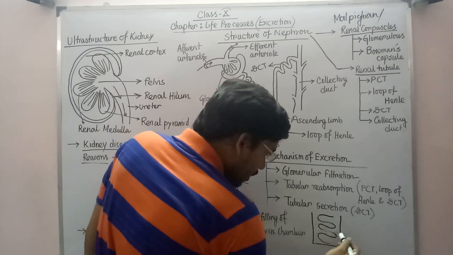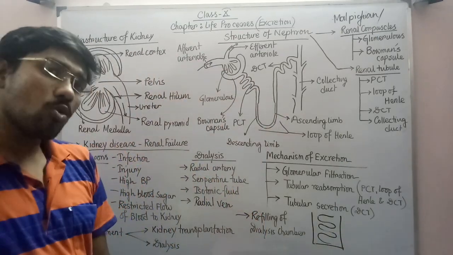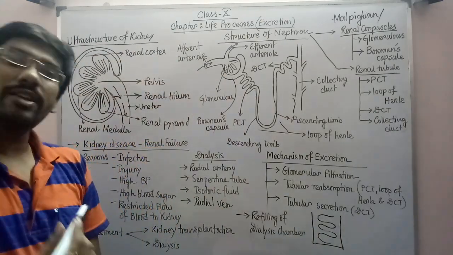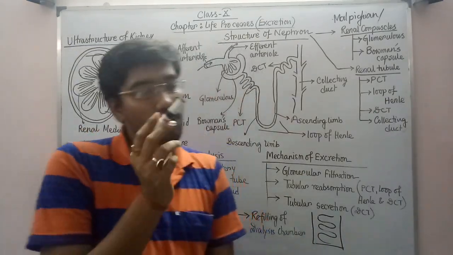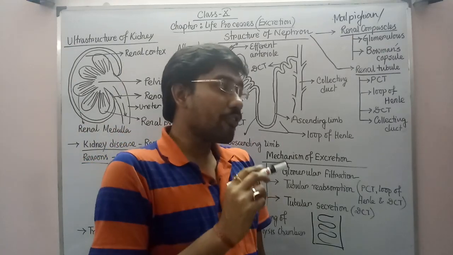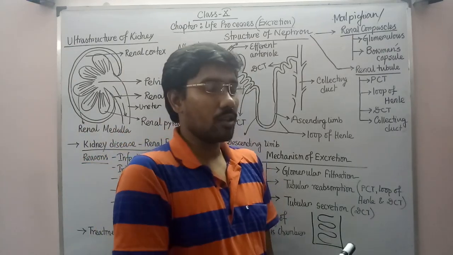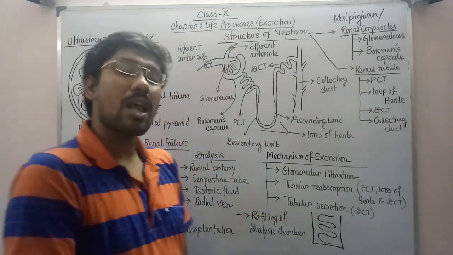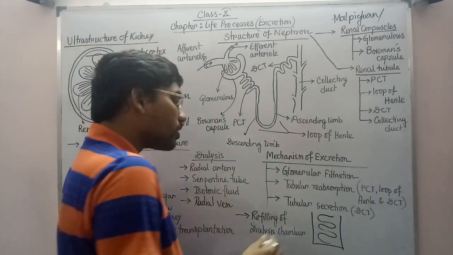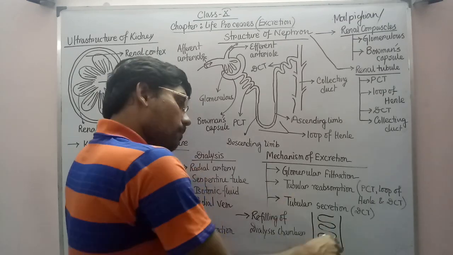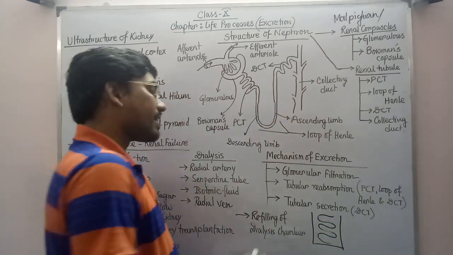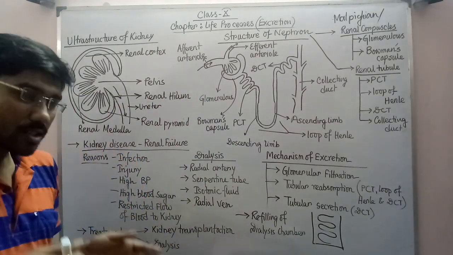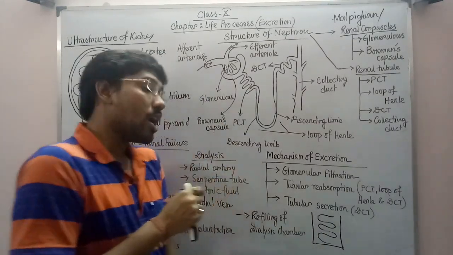So if the pathway is made a little serpentine, what happens? The blood goes slowly through the serpentine tube, and when it passes slowly, diffusion of the excretory material from the blood to the outside, that means into the dialyzing fluid, happens in a proper manner. The blood can stay near the dialyzing fluid for a long time, so the excretory material can be released out into the dialyzing fluid properly, because the blood is moving slowly through the serpentine tube.